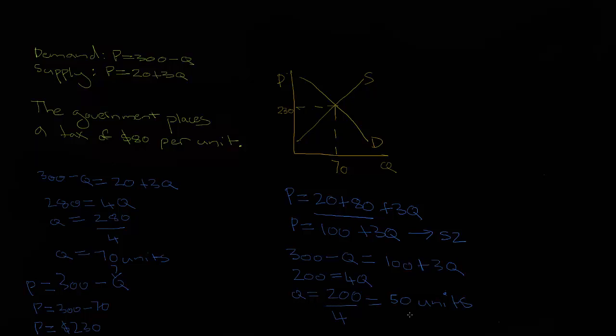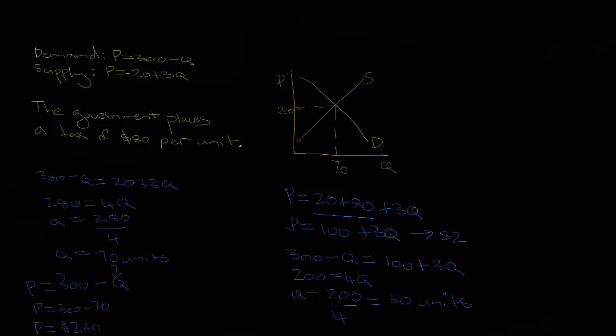So we know the quantity is 50 units, so what would be the price? To find the price, we just use the same step as before, and we sub into one of these equations. This equation has changed to 100 plus 3Q, but the original demand one is the same, so it doesn't matter which one you substitute into. Originally we substituted into the demand equation, 300 minus Q. So now let's substitute into the supply equation, which has changed to 100 plus 3Q.